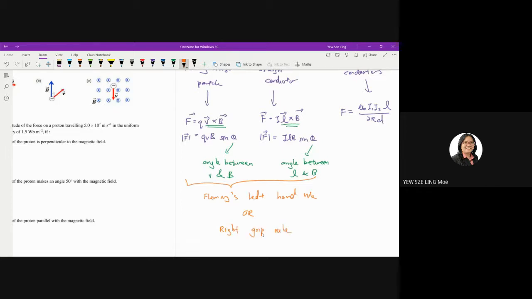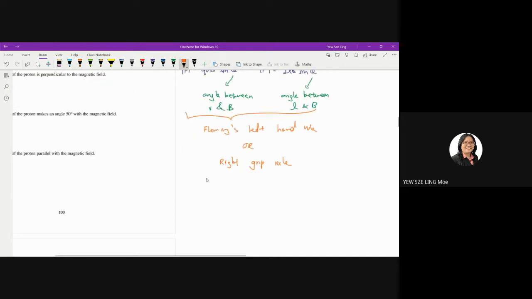The right-hand grip rule is the rule you already learned in chapter 1, Sem 1 for the cross product. Any cross product, you can use it to determine the direction. One thing you have to remember for moving charged particles: thumb gives you positive charge.